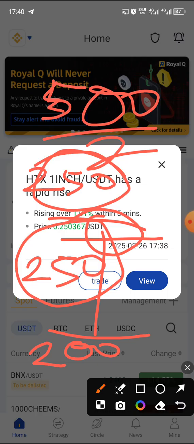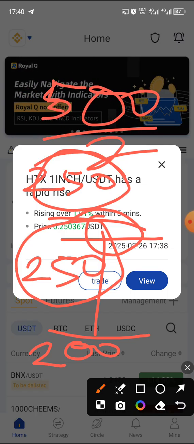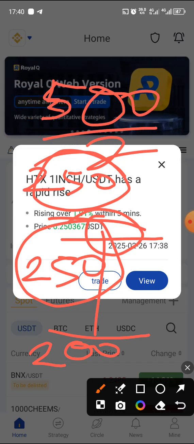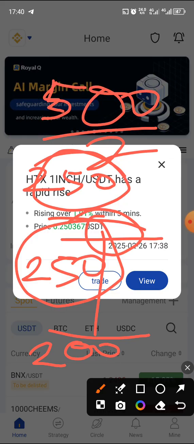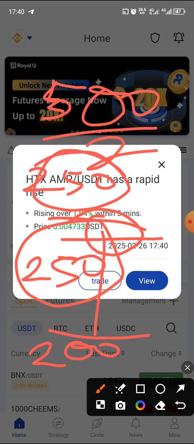So how do we going to set our robot to work in a cycle mode using the indicators? Okay, because in order to benefit from this strategy, you have to be using indicators. You have to be using indicators to avoid your robot to buy at a higher price.